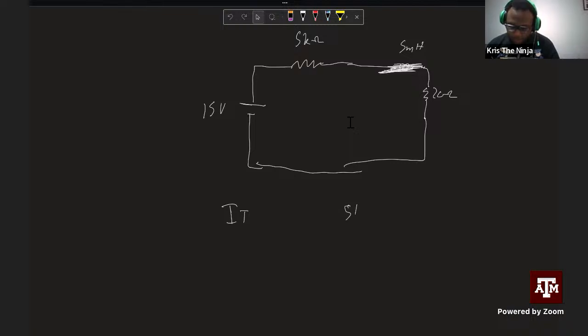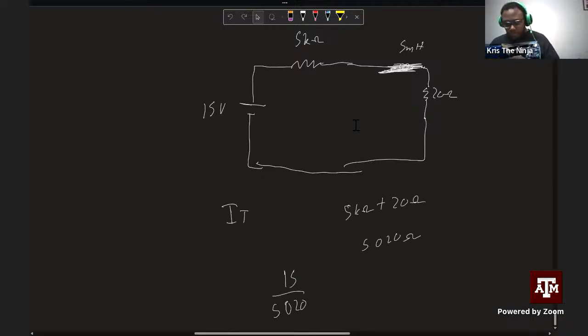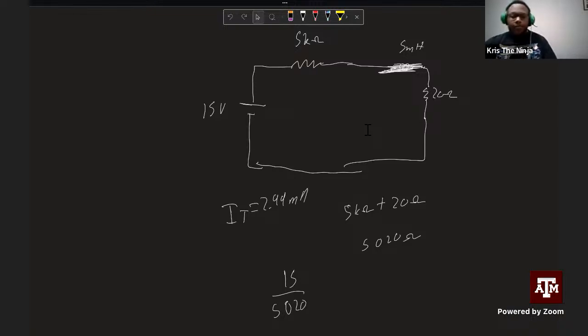That equals 5,020 ohms. Then you do 15 divided by 5,020. That gives you 2.99 milliamps. And that's how you solve that problem.